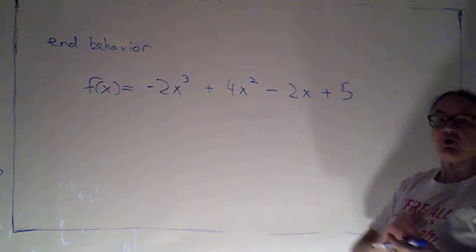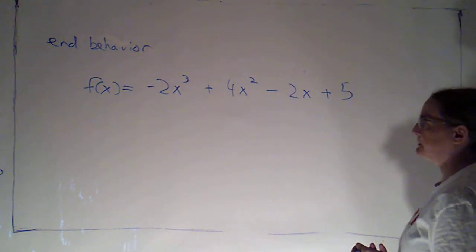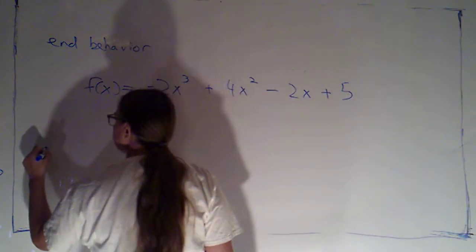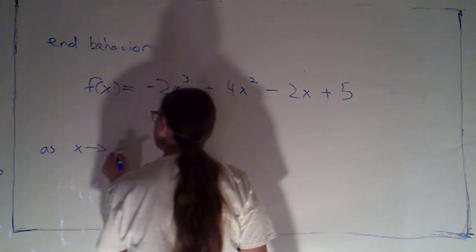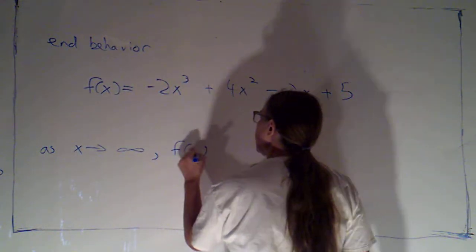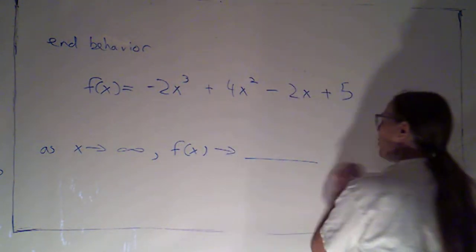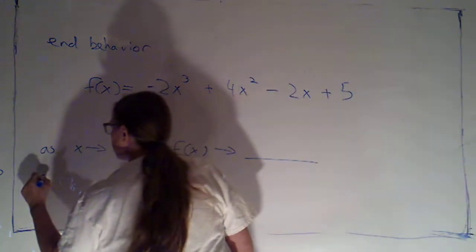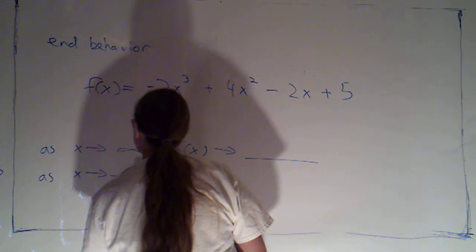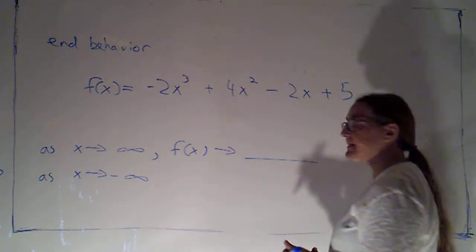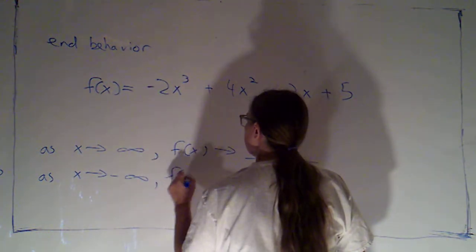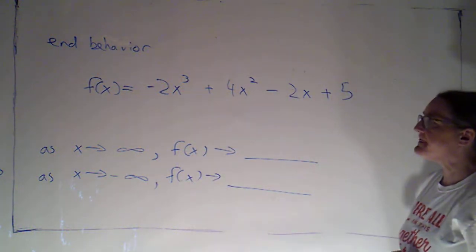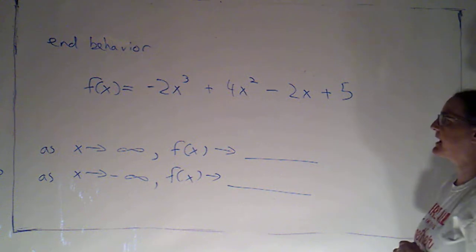So I've got this third degree polynomial. Okay, and I want to describe the end behavior. So I want to say as x goes to infinity, f of x goes where? I want to try to fill in that blank. And I want to describe the end behavior on the left side of the graph. As x goes off to negative infinity, f of x is going to go where? So we're trying to fill in these two blanks.